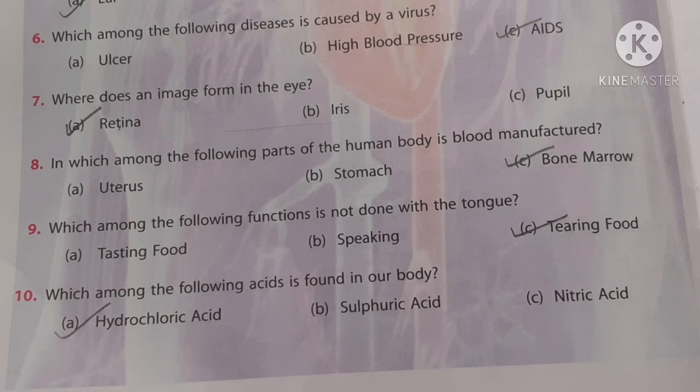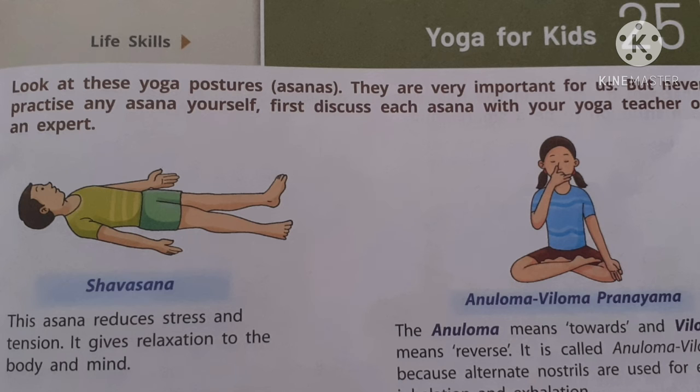Which among the following acids is found in the body? A, hydrochloric acid. B, sulfuric acid. C, nitric acid. And the answer is hydrochloric acid.